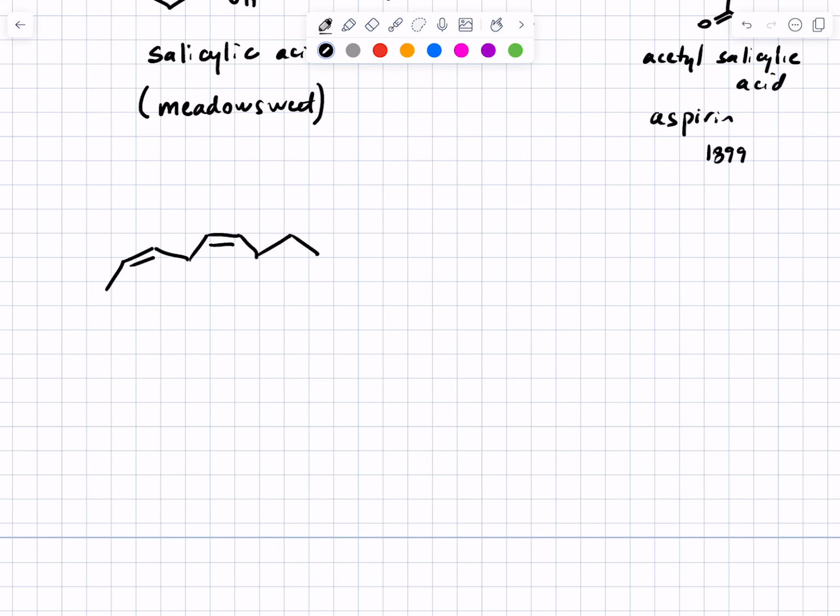This is a long-chain carboxylic acid, one of the fatty acids that we have talked about previously. This is called arachidonic acid. It's a 20-carbon polyunsaturated carboxylic acid.